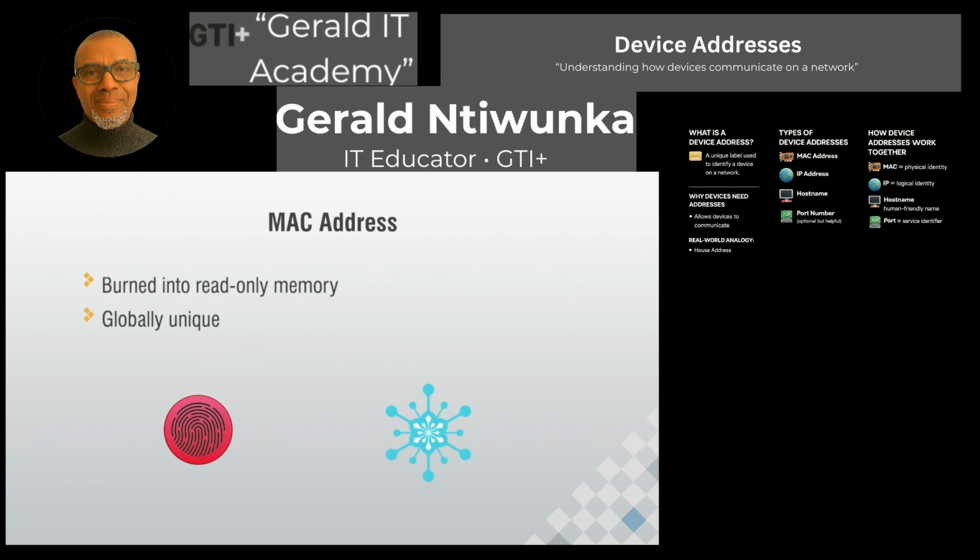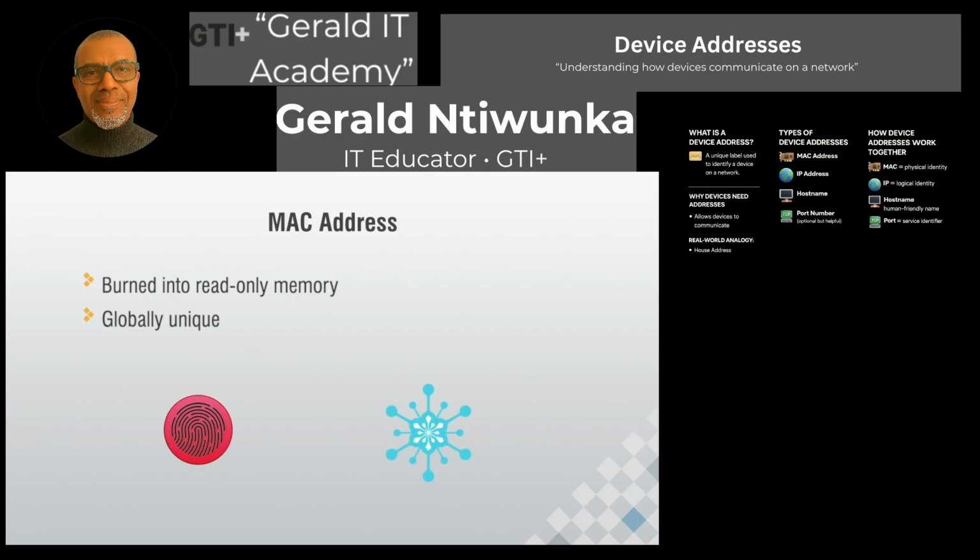MAC addresses are hard-coded into the read-only memory of every single network interface, such as wireless network adapters and network interface cards, a little chip that is in your device. This makes it virtually impossible to change the device MAC address. It cannot be easily changed.